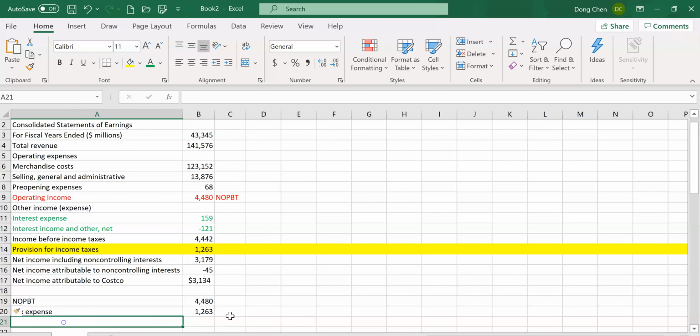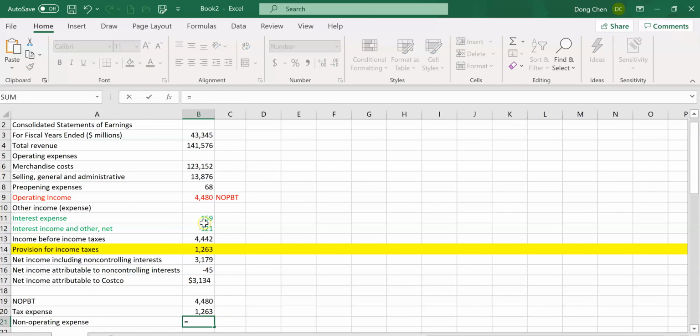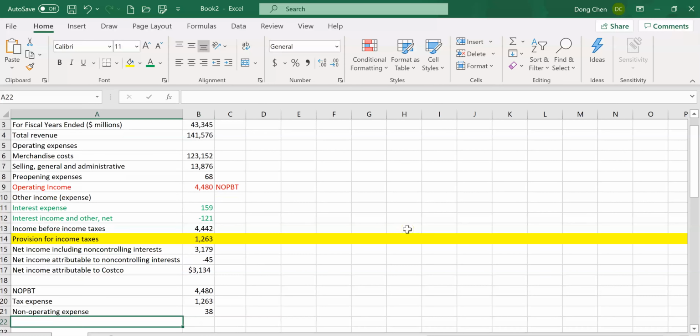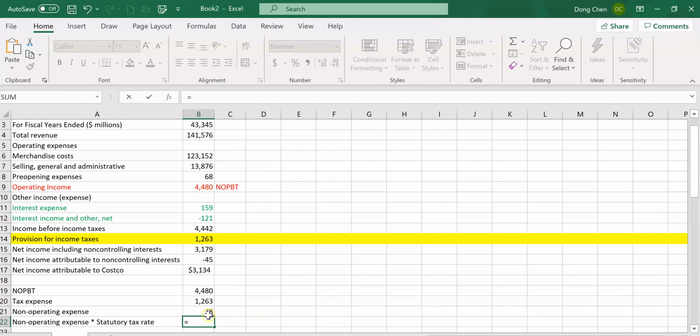We need the non-operating expense, which is the sum of these two. Then we can calculate the non-operating expense times the statutory tax rate. So this is 38 times 22%.